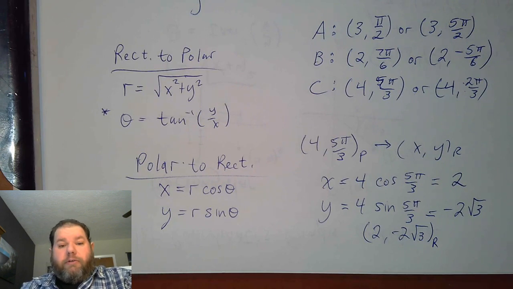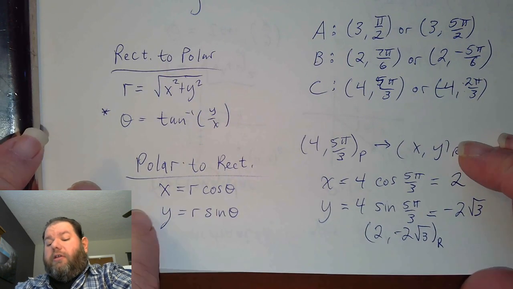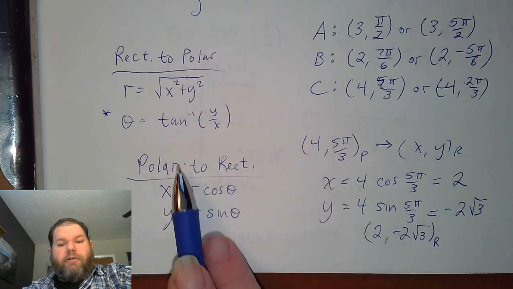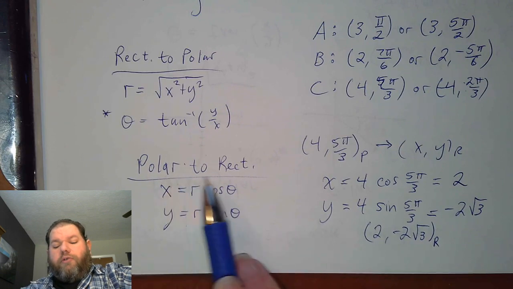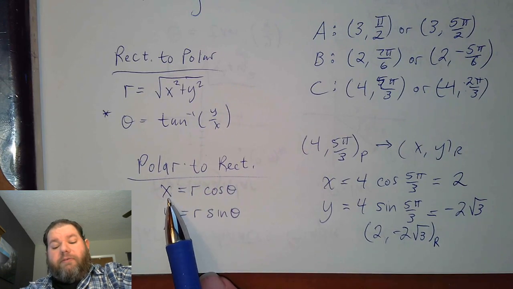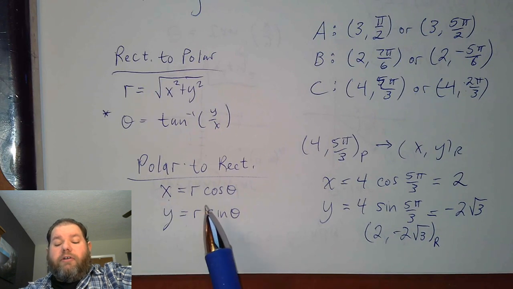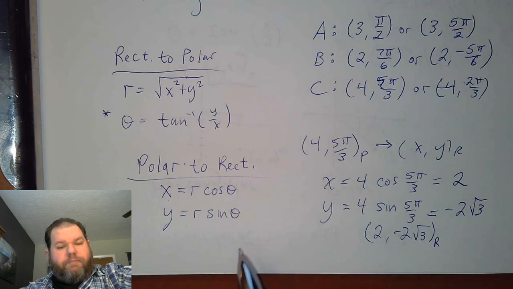Now, not only can we change individual coordinates from one system to the other, we can also change entire equations from one system to another. This is where our transition formulas help. They let us change functions in x and y to functions in r and theta.